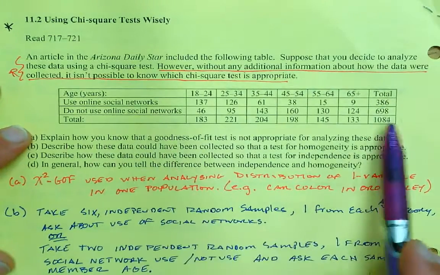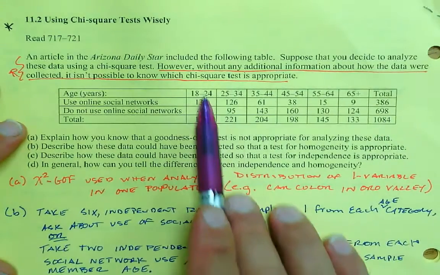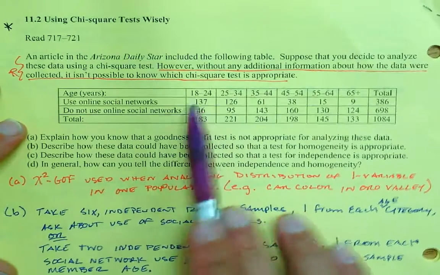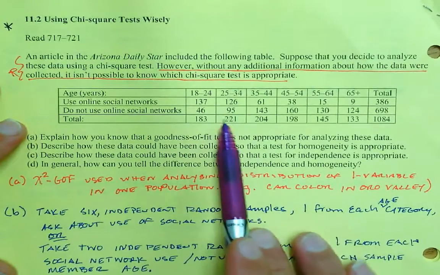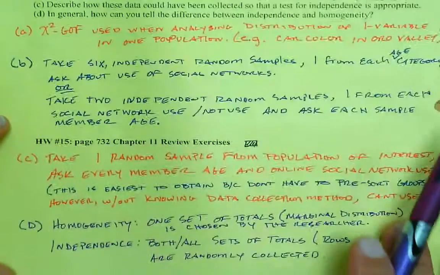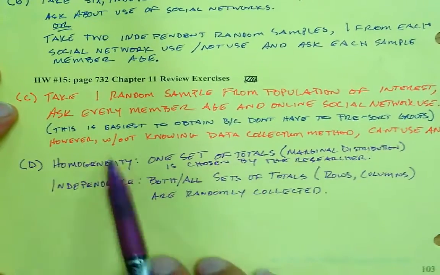Let me ask 698 that do not use social media. Or, hey, here is a group of 183 of this age range. Let's ask them the questions. Here's another group of 221 of this age range. Let's ask them the questions. So when we are selecting a particular set of groups to ask, that's homogeneity.